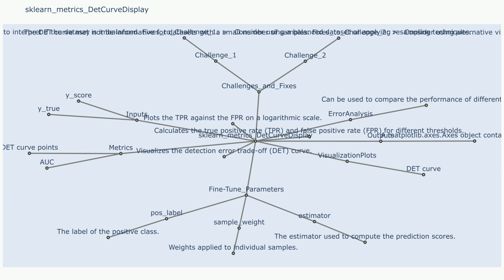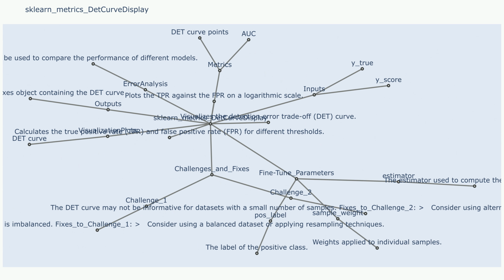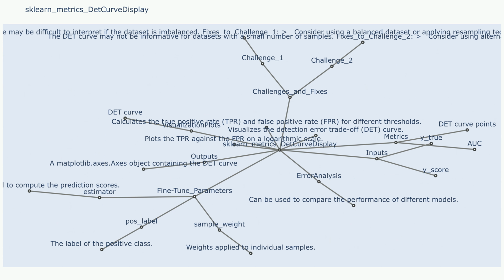Metrics: false positive rate (FPR): the proportion of negative samples that are incorrectly classified as positive. False negative rate (FNR): the proportion of positive samples that are incorrectly classified as negative. True positive rate (TPR): the proportion of positive samples that are correctly classified as positive.